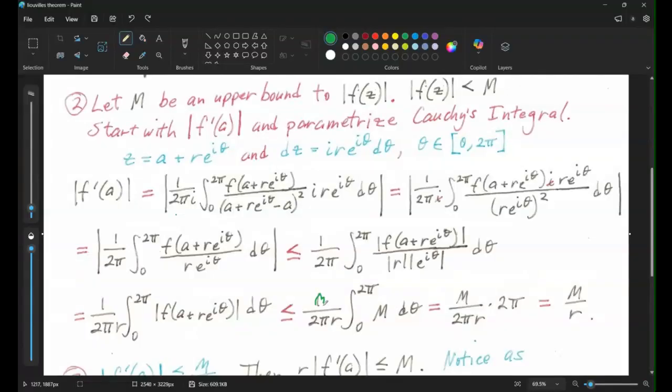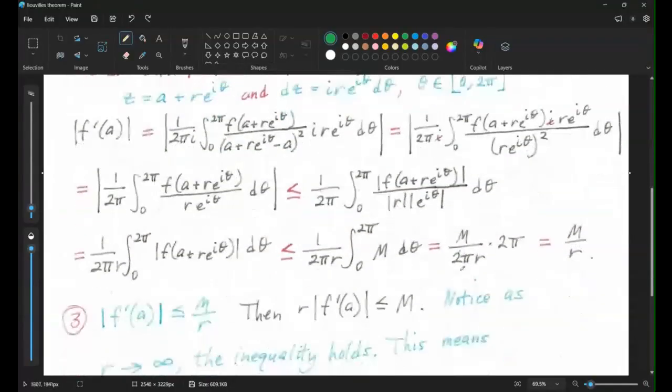And now M is a constant, so it can come up here. And we end up just taking the integral from 0 to 2 pi of d theta, which is 2 pi. Those cancel. We get M over r. So overall, now we have the statement that the first derivative of f evaluated at A is less than or equal to this. So we're almost there.